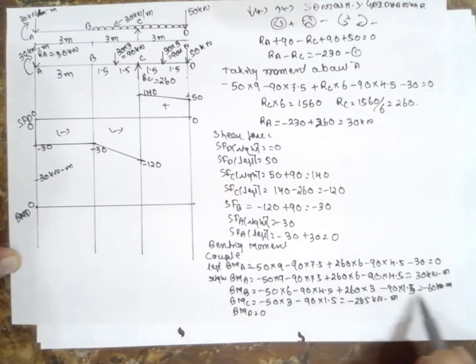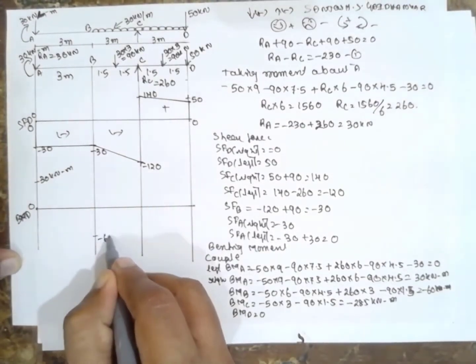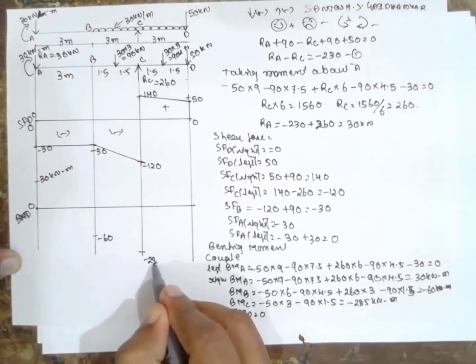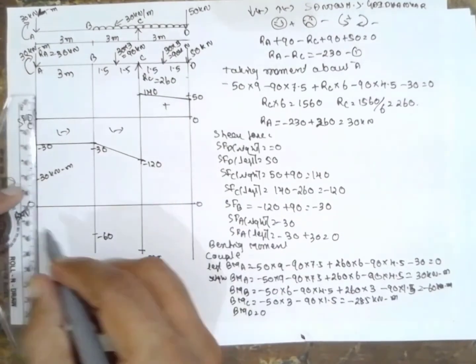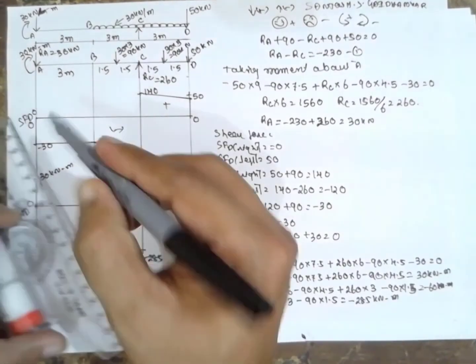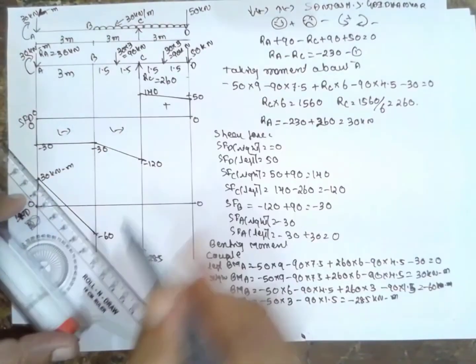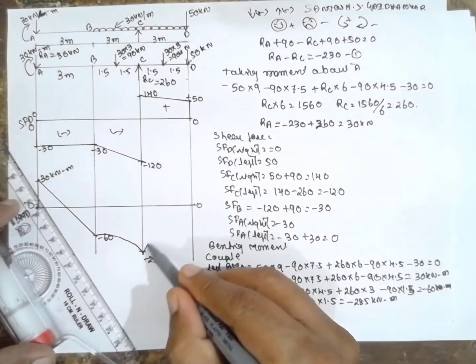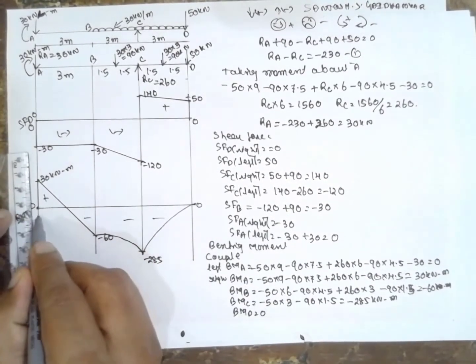Next at B it will be minus 60, minus 285 and 0. Draw line. There is no UDL, therefore inclined line. There is a UDL, therefore parabola. Negative, negative, negative, positive. You have to find out the distance x here.